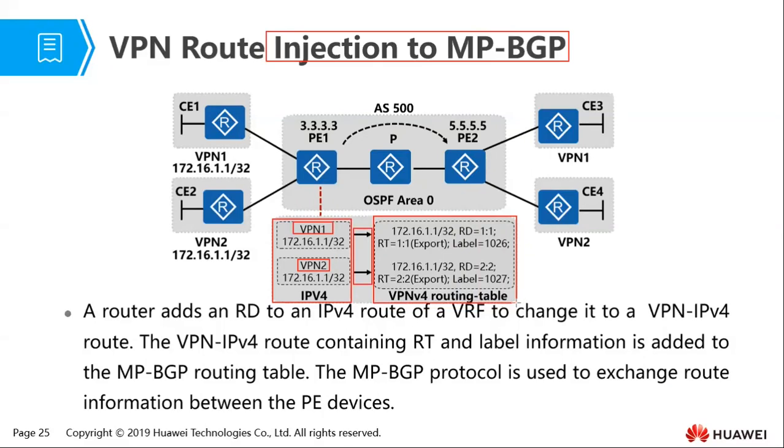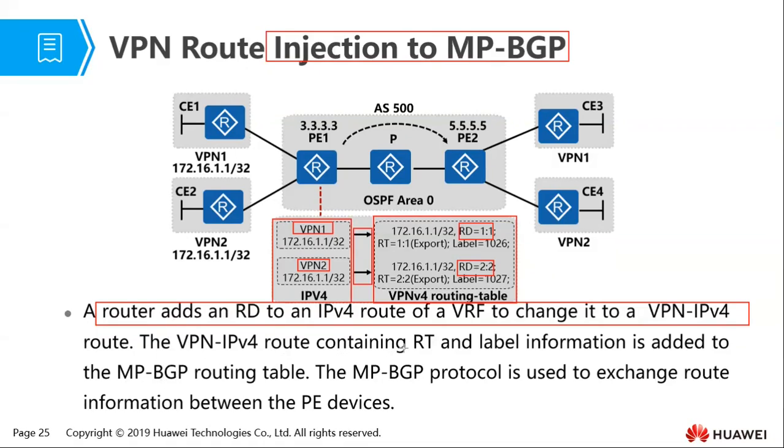That global routing table, we now call it the VPNv4 routing table, because we have distinguished these private routes using an RD, a route distinguisher. In this particular stage, a router adds an RD to an IPv4 route over VRF to change it to a VPNv4 route.